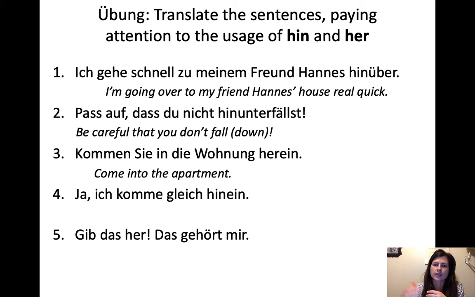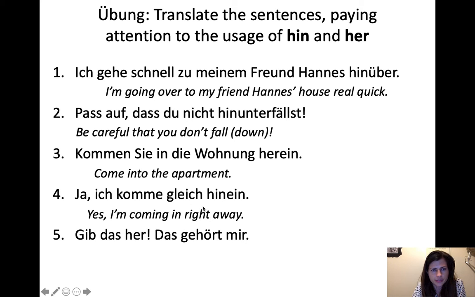So that's what the herein is, come towards me. But the ein is also in, so it's just a lot of things that sound like the same thing in English, so you just say, come into the apartment. Ja, ich komme gleich hinein, which is then, yes, I'm coming in right away. So I'm going like in that direction, but you can't really convey that. So yes, I'm coming in right away.